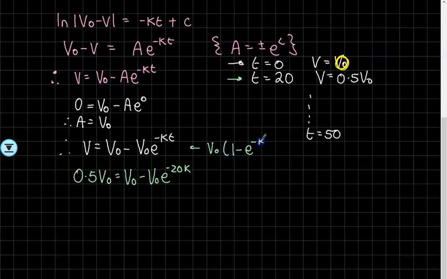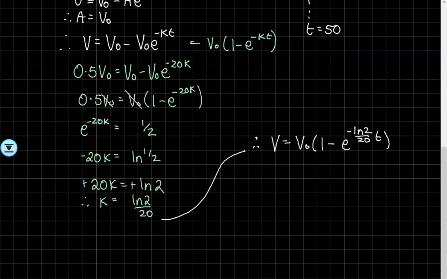Agreed? Because as soon as you've done that, I can find k because the V naughts will cancel. So hopefully we're feeling good about this now because we've got our k value.